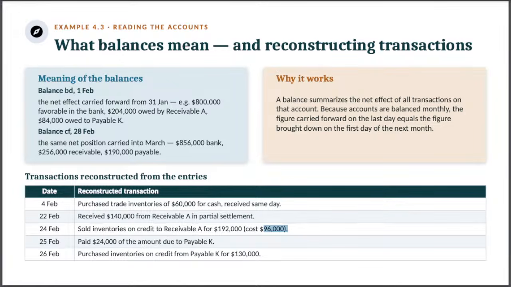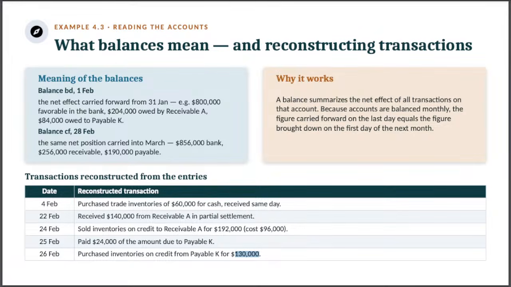So we see you have a little profit here. 25th of February, paid $24,000 of the amount due to payable K. And 26th, purchased inventories on credit from payable K for $130,000.